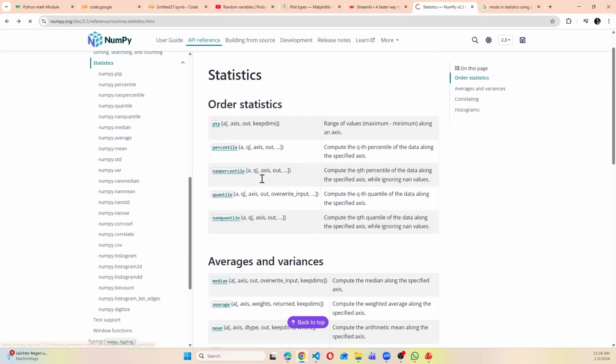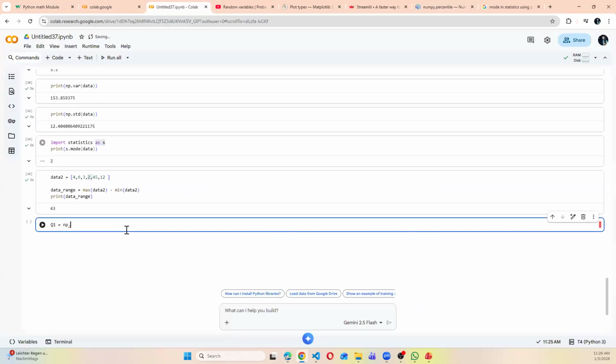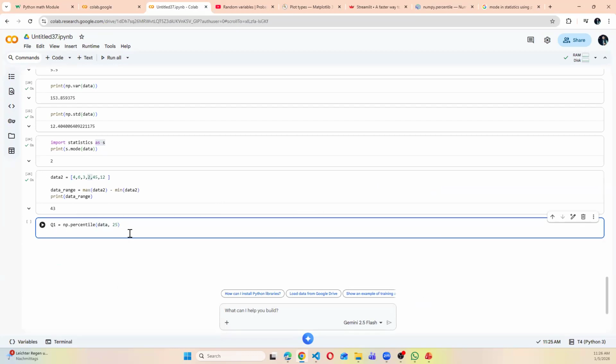So you can see 25 percent. I will say np dot percentile, my data2, and 25. That's the 25th percentile.